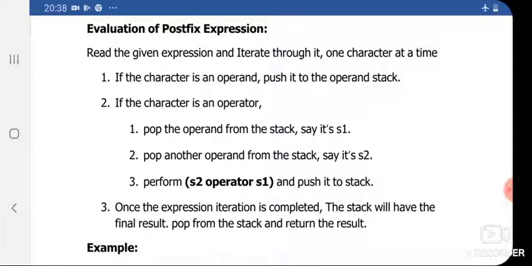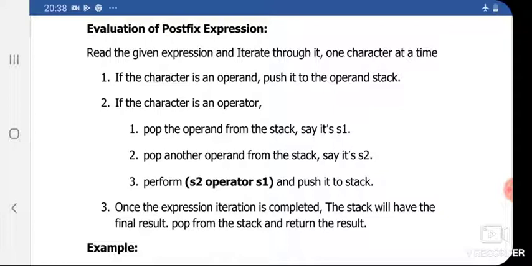Once the expression iteration is completed, the stack will have the final result value. Finally, we pop it from the stack and we return the result.